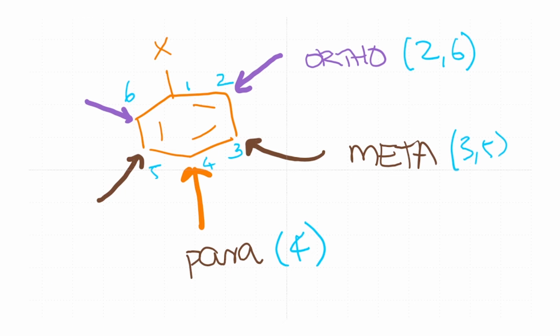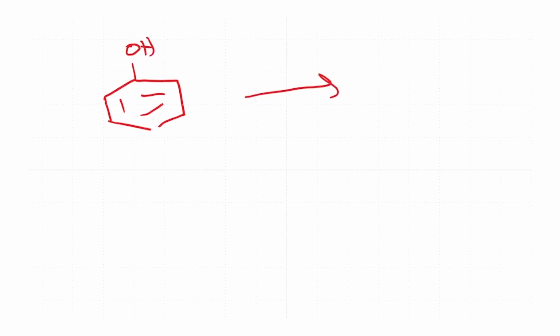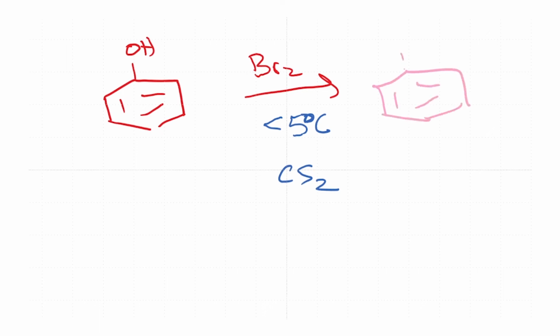Now if you want to make the mono-substituted product of phenol, that is, just one bromophenol, then what you can do is reduce the temperature to less than 5 degrees centigrade, and use solvents such as carbon disulfide, and the product that you get is 4-bromophenol.